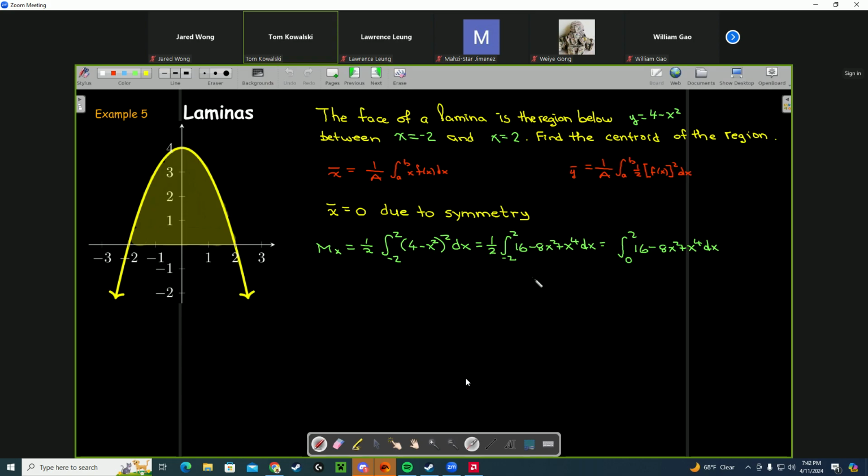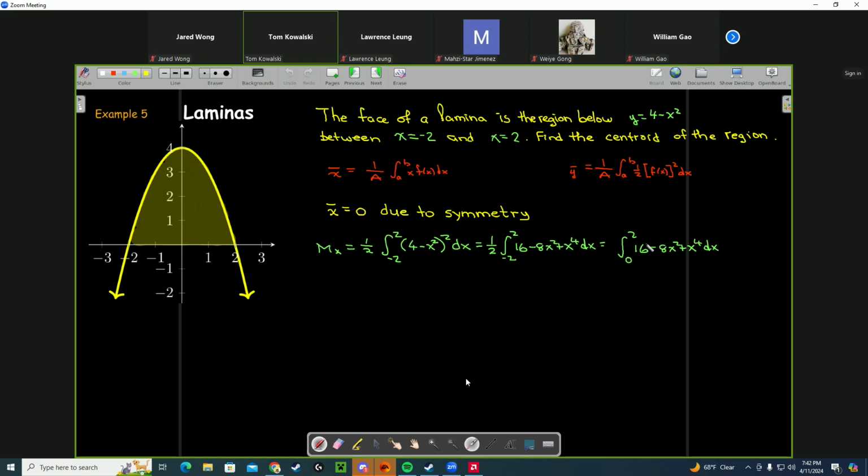And so instead of going from -2 to 2, I can make my bounds go from 0 to 2. And then I've got to multiply it by 2. And that's why I no longer have the 1/2, because I know that it's going to be twice the integral from 0 to 2.